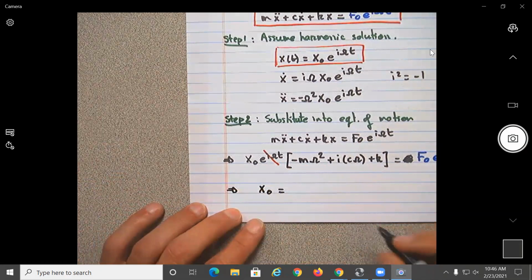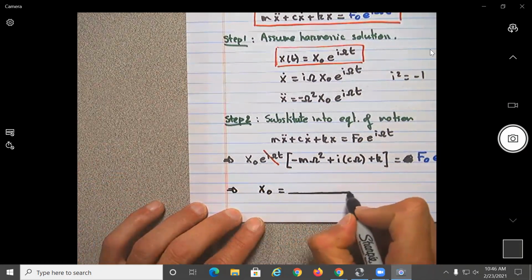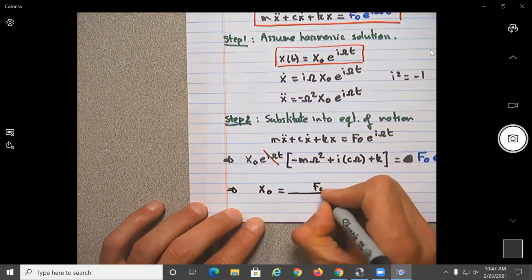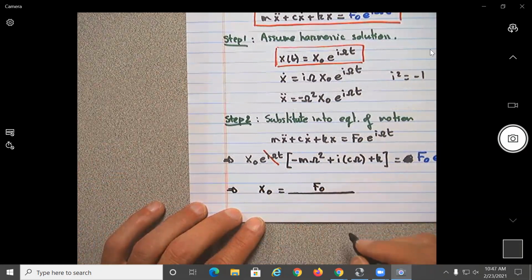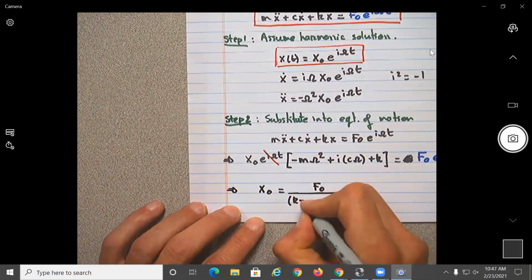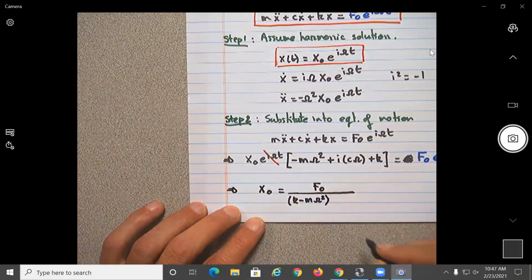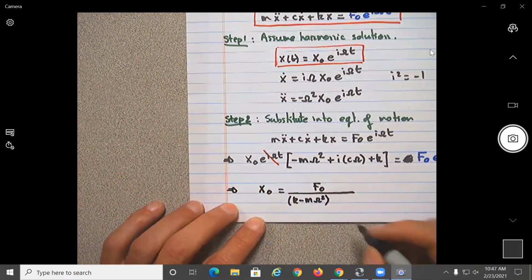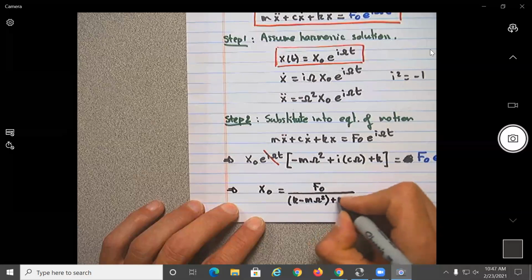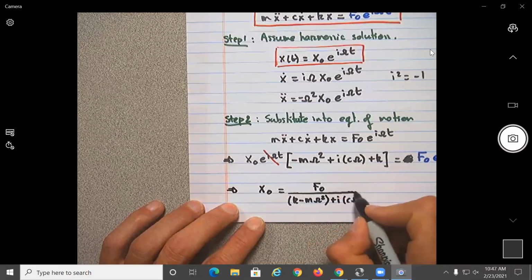We find that x sub naught will be equal to F sub naught divided by k minus m capital omega squared plus I c omega.